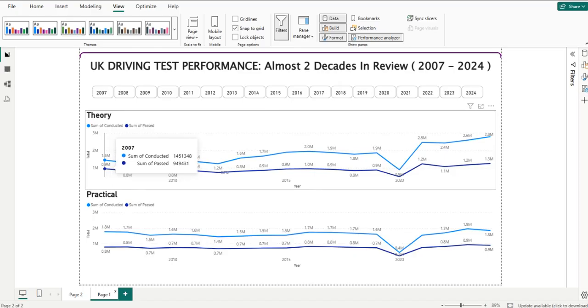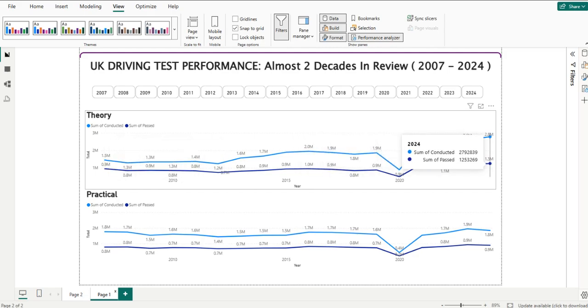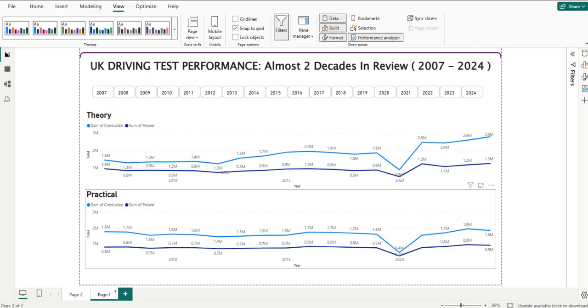The actual figure says 949,431. And then here it's gone up to almost 1.3 million, that's 1,253,269. So if you look at this, automatically you can just assume that those that are taking theory are increasing, and those that are passing are also increasing.